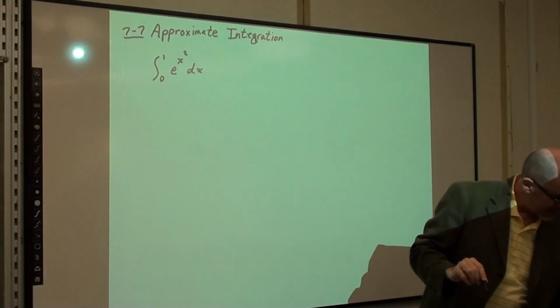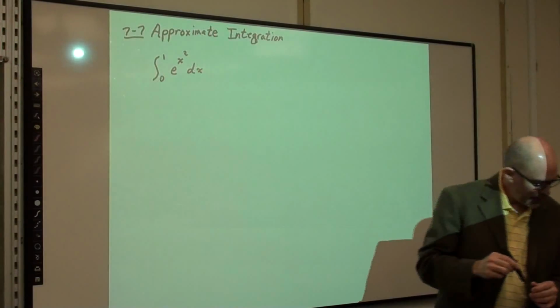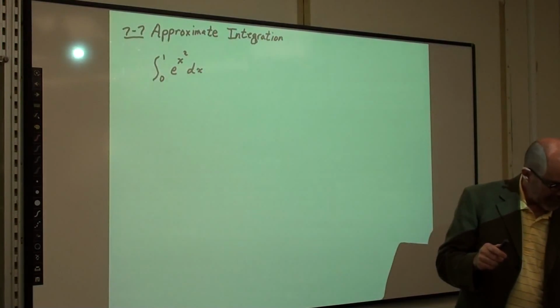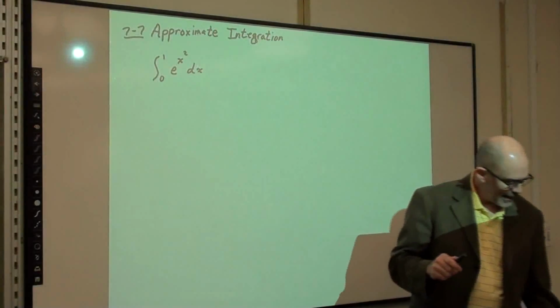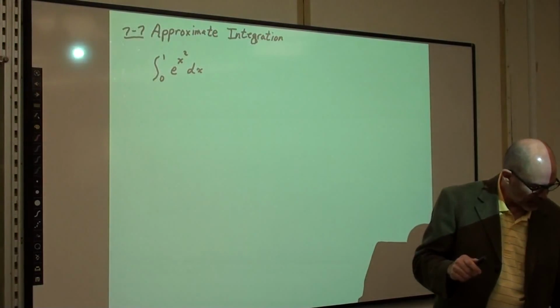Page 518, you see that the left-hand approximation is where each corner of the rectangle on the left side hits the curve. Now the right-hand approximation is going to be each right corner of the rectangle hits the curve.